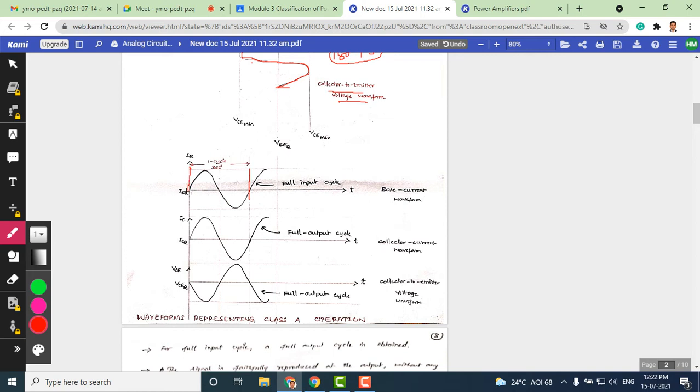If you consider the base current for one cycle, which is 360 degrees, this is 0 degrees, 180 degrees, and here 360 degrees. And look at the collector current. Collector current flows for the entire duration of the AC input signal, for 360 degrees. That's why it is called class A. Look at the definition of a class A power amplifier: the collector current flows for the entire duration of the AC input signal.